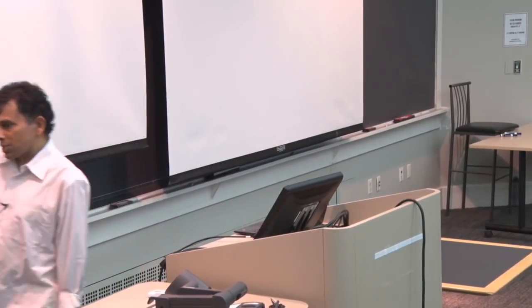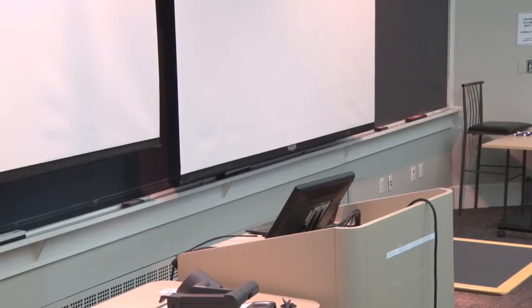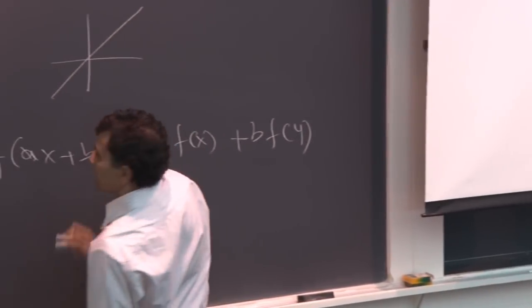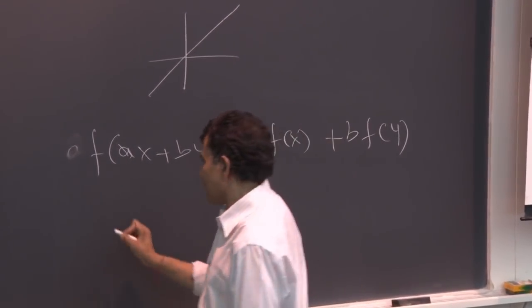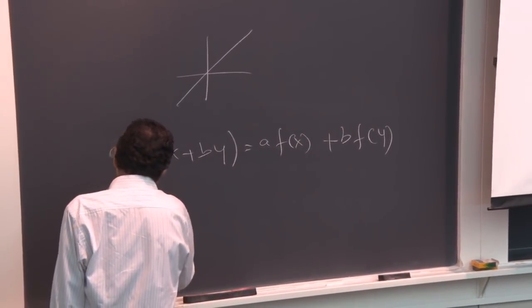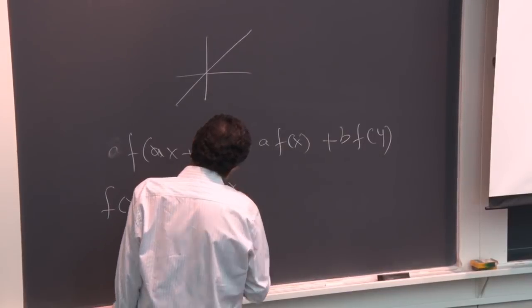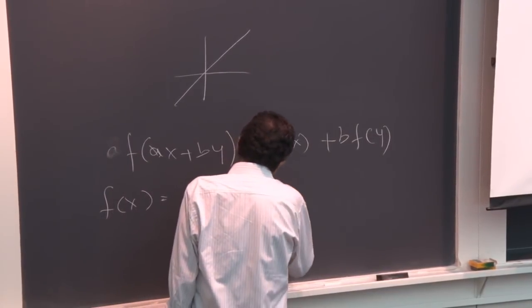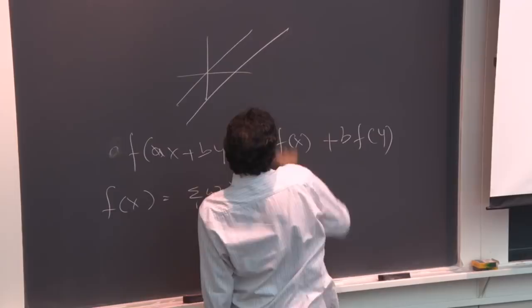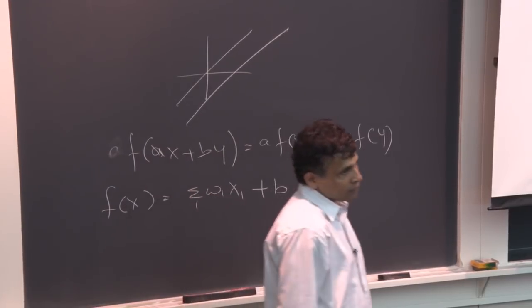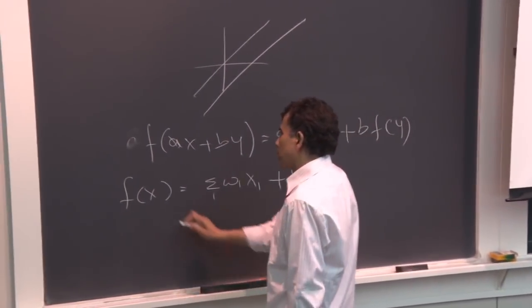Any relation which is of this kind is linear. A linear operation will have the structure summation over i of w_i x_i. If I add a constant to it, this equation no longer goes through the origin. It's going to go off to the side. This property will not hold.